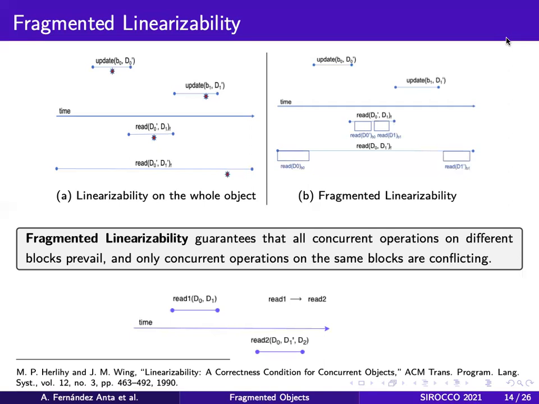Looking at the third figure, consider two reads, where read 1 is completed before read 2. Then, for each block belonging in both sequences, each value returned by read 2 is the same or newer than the one returned by read 1.